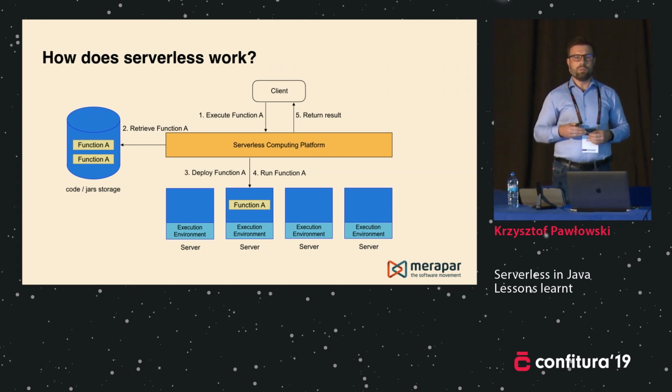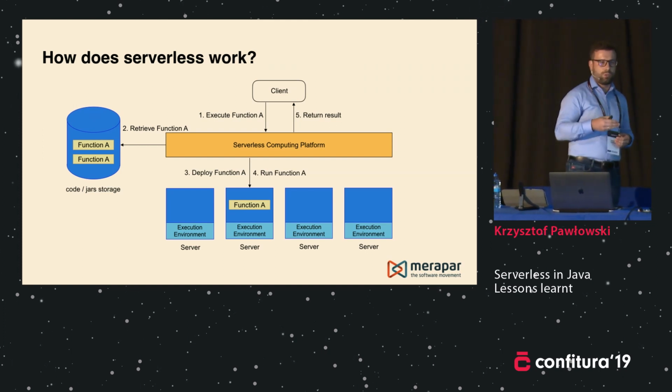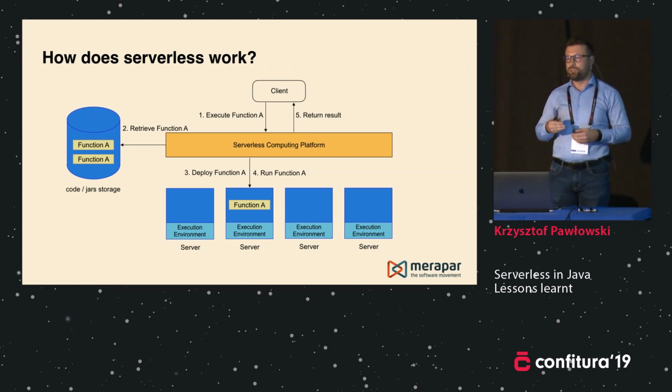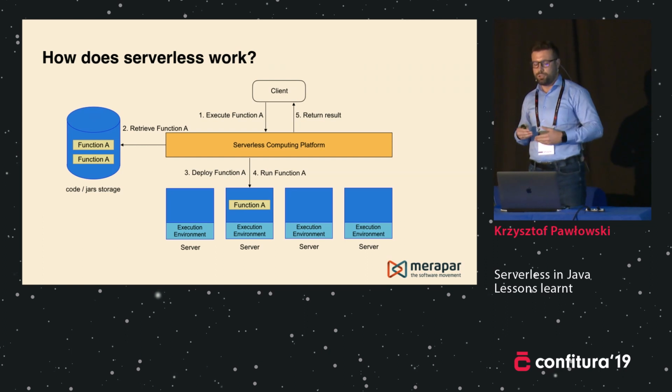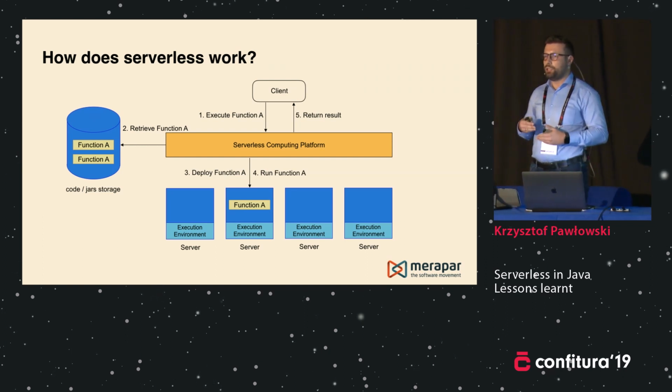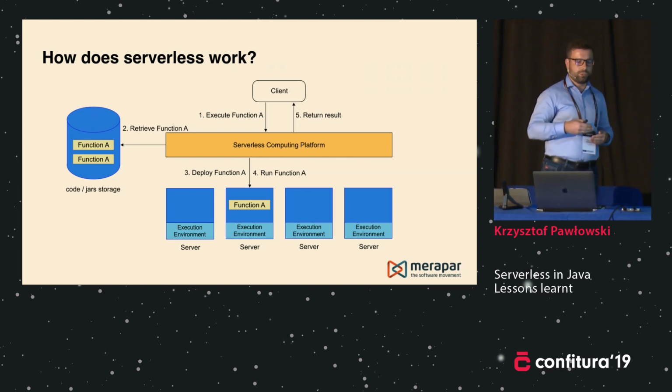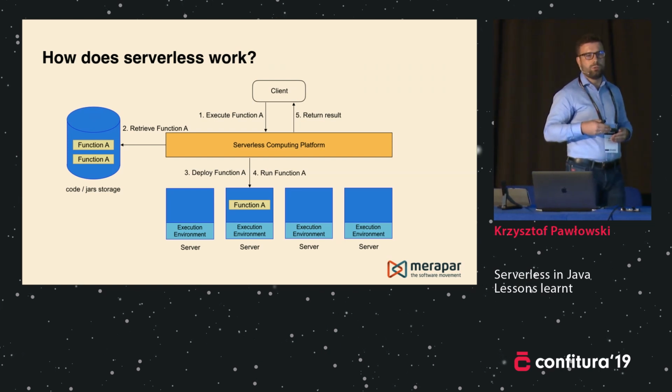And this computing platform will fetch the code from this storage. Then it will deploy this function on one of the underlying servers, which have some execution environment running on them. Then it will run this function and return the result to the client.